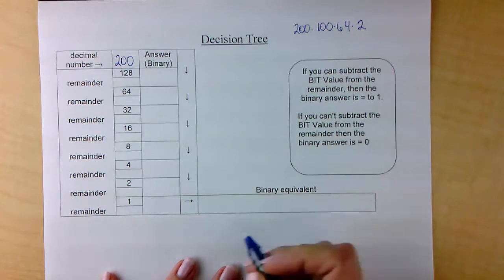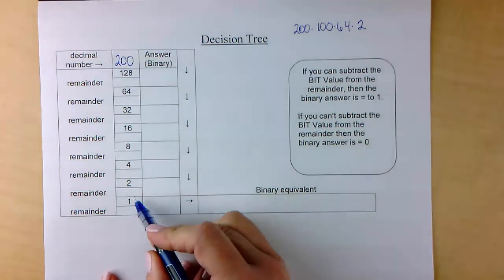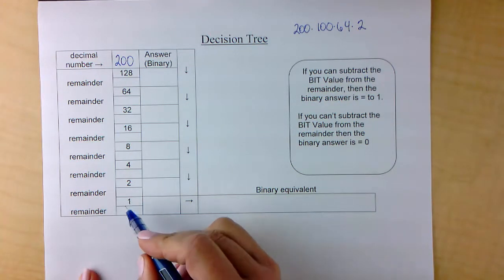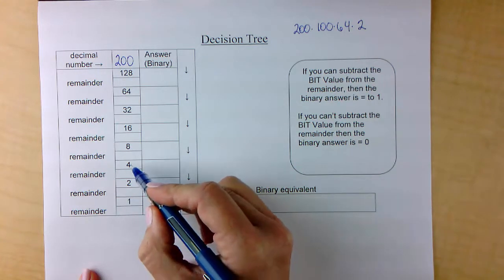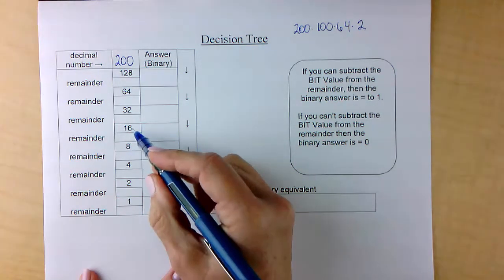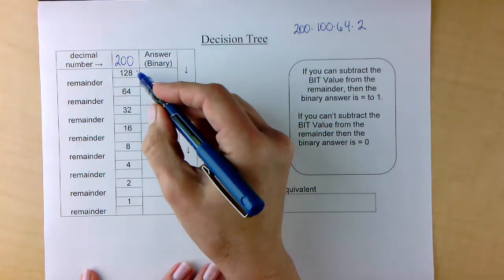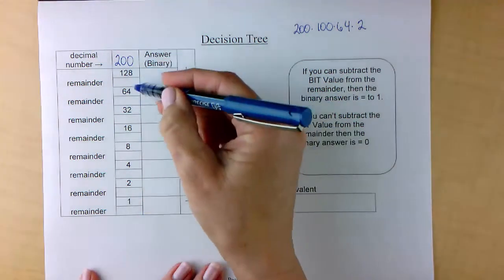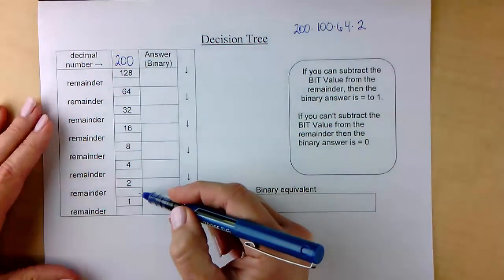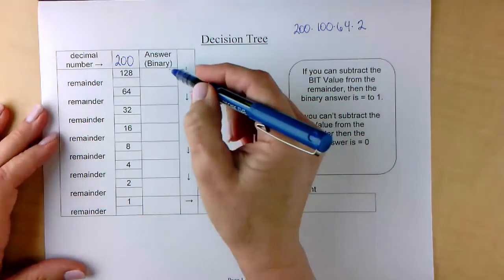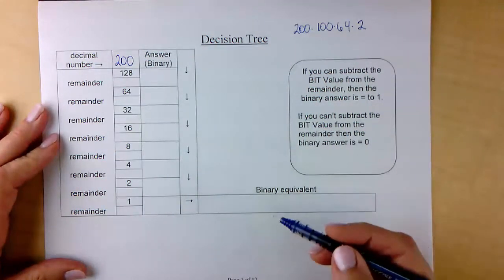By now, I'm hoping this is starting to look familiar. The bit values 1, 2, 4, 8, 16, 32, 64, 128. We have 8 positions, we have the bit values, and we know this to be what? An octet.